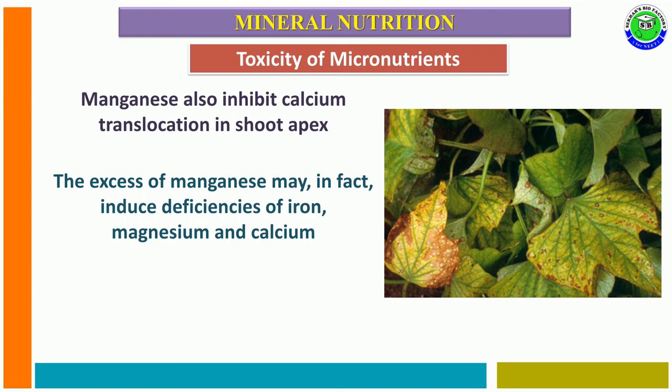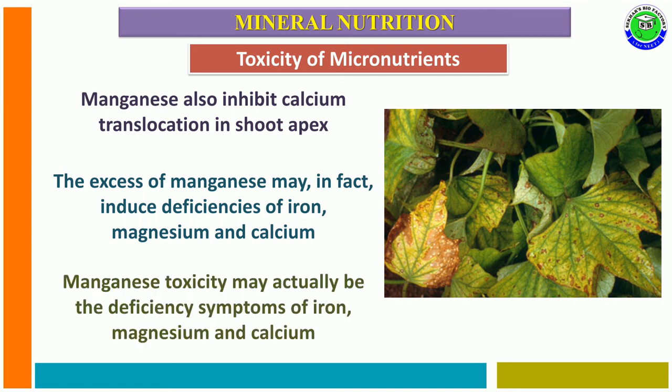So manganese toxicity may actually express in the form of deficiency symptoms of iron, magnesium and calcium, because it can prevent the entry of these elements into the plant body, which leads to expression of their deficiency symptoms in the form of toxicity.